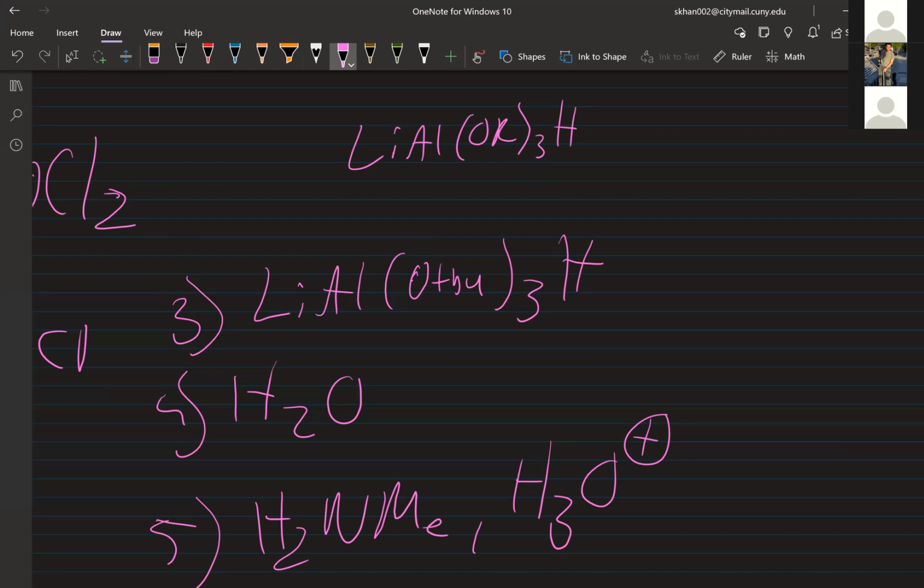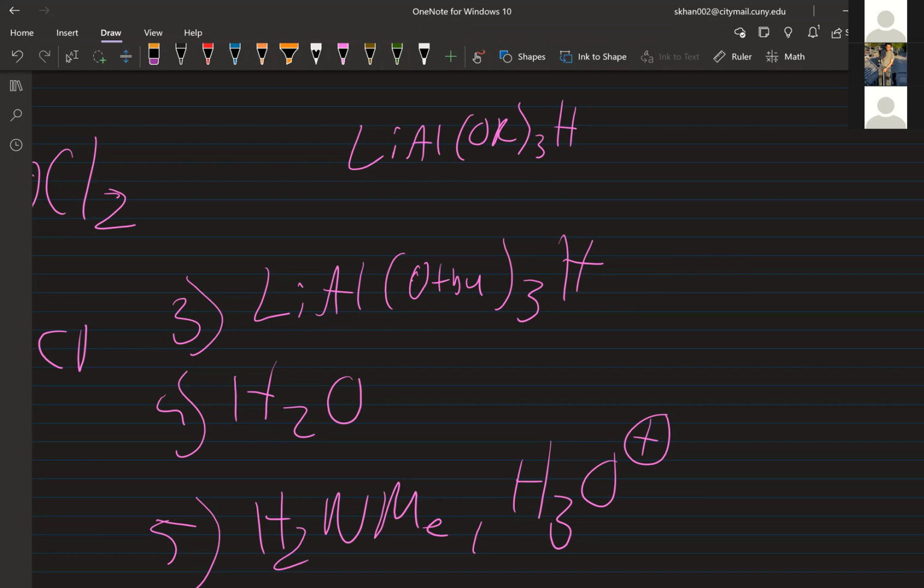You just have to indicate they're separate steps, because if you had those in the same pot, or if it was all written as 3 as H2O, this would never work, because that would just react with water and destroy all of your material there. Let me just see in your book if they gave you an example. Yeah, okay, they gave you the tert-butyl. That's the one that's commonly used.